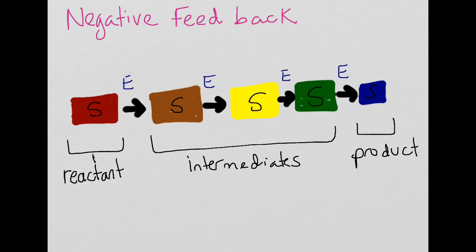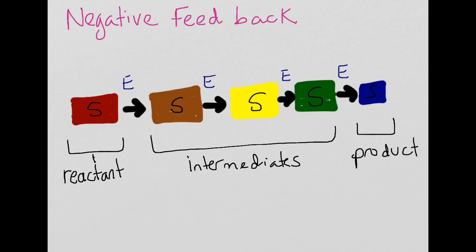But what I want you to understand about negative feedback is you're looking at a big picture. You're looking at an entire metabolic pathway that's being inhibited. So how does that happen? Well, here's a metabolic pathway that I've drawn. All my little colored boxes are substrates that are being worked on by the enzymes. Okay, the little letter E's over top of the arrows.